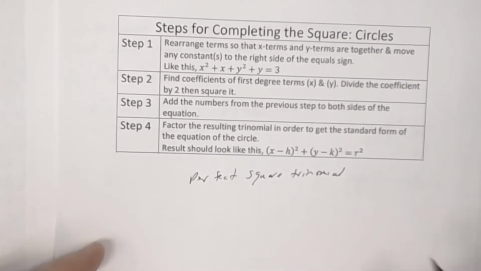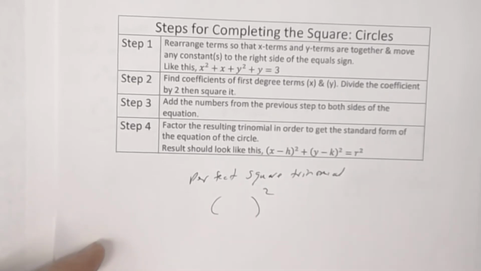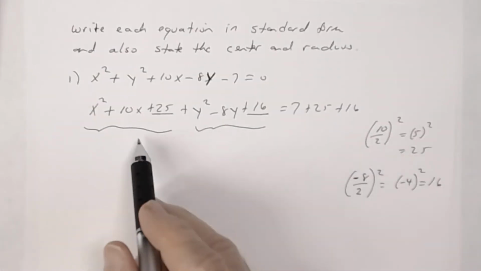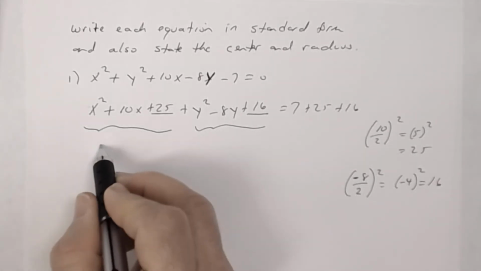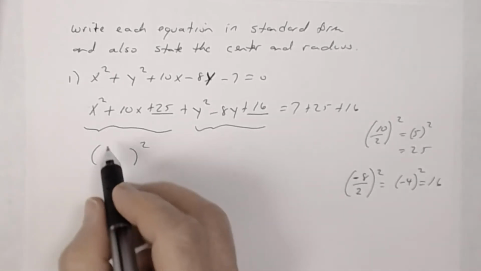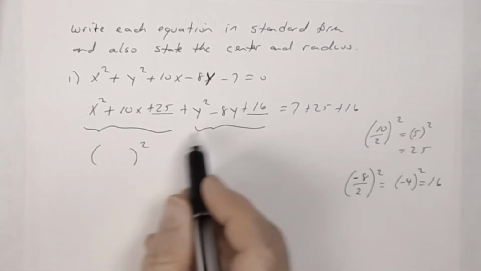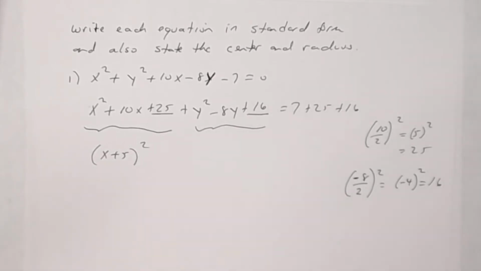And remember from a previous course, a perfect square trinomial is a trinomial that can be written as a binomial squared, so you can write it as a binomial times itself. So if I did this correctly, I can now factor this as a binomial squared, and I can, because x squared plus 10x plus 25 factors as x plus 5 squared.